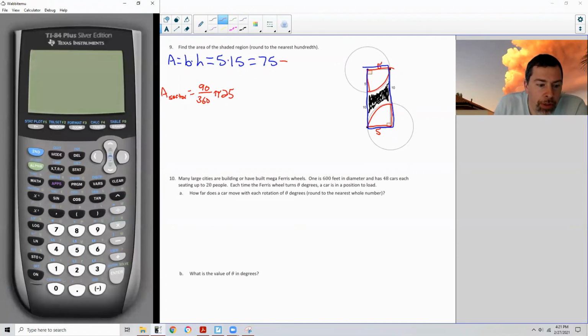All right, so I'm going to put that in my calculator. So it's going to be 90 divided by 360, which is 1/4. I could have just done that. Enter, and then times 25 pi.